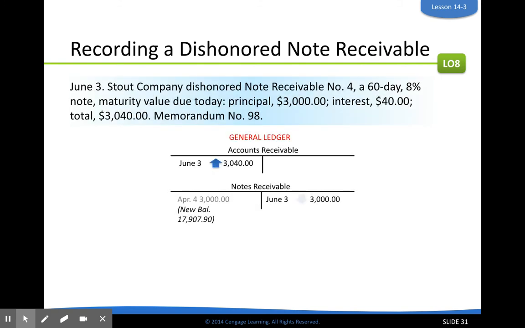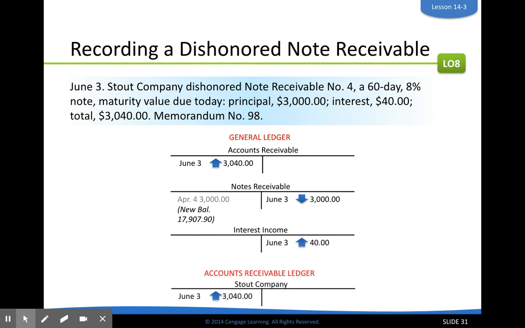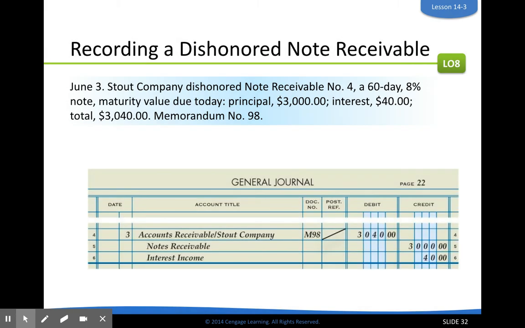So we're adding $3,040 to accounts receivable, taking $3,000 out of notes receivable. We need to credit the interest income. So a total of $3,040 debit to accounts receivable, Stout Company. And the transaction would look like this.